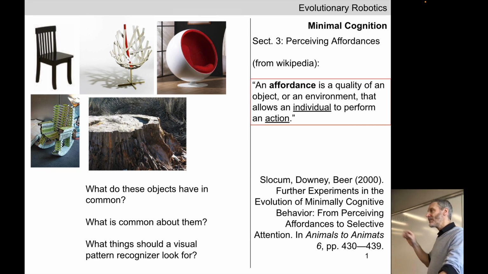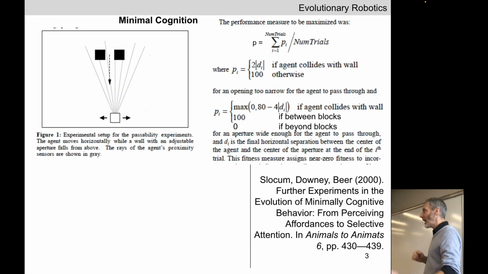Affordances, as we saw last time, depend not just on the object, but on the embodiment, the morphology of the agent themselves, right? You have to have a certain body plan to be able to recognize that you can sit on these objects and they will support your weight. Yeah? Okay. How do we train a robot? How do we evolve a robot to recognize affordances?